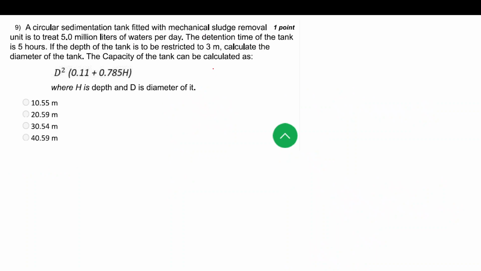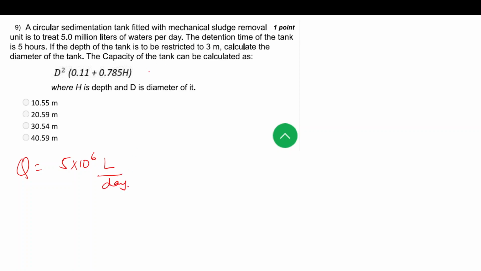So the next question is: a circular sedimentation tank fitted with a mechanical sludge removal unit is to treat 5 million liters of water per day. Here the flow rate is given as 5 million, and 1 million is 10 raised to 6, liters per day.